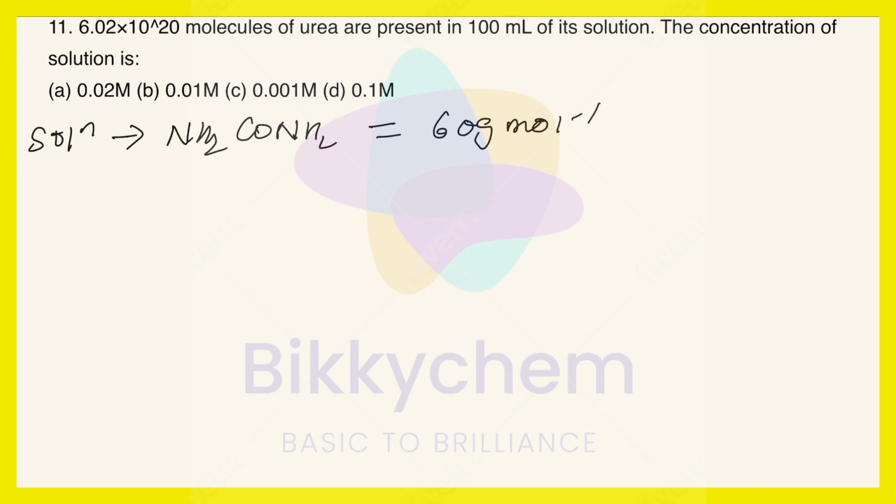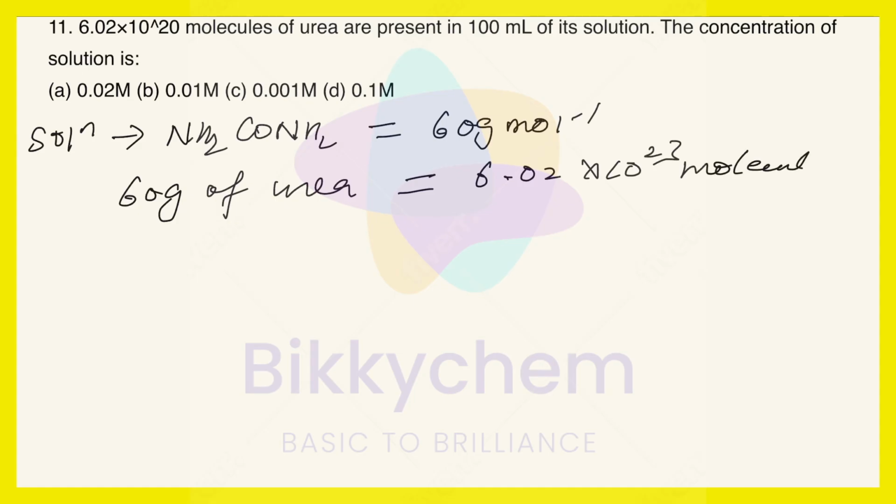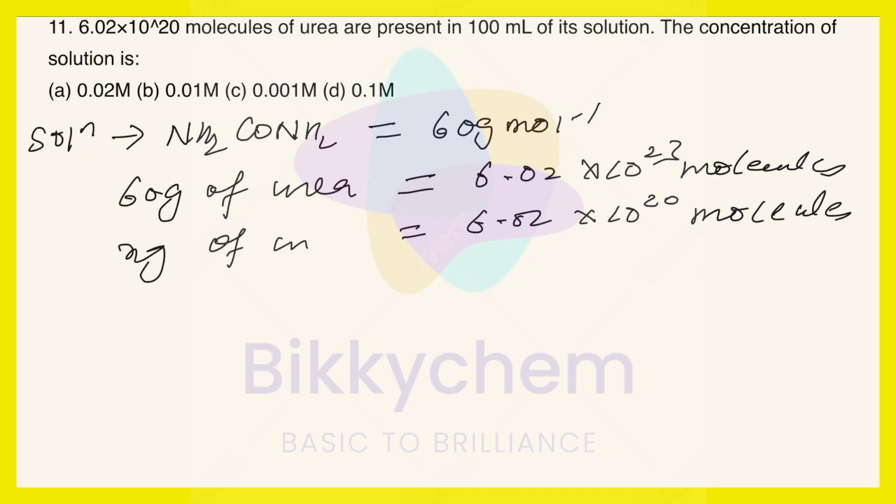Okay, so we know that 60 gram of urea equals 6.02 into 10 to the power 23 molecules. That means 6.02 into 10 to the power 20 molecules is how much gram of urea? That is x gram of urea.